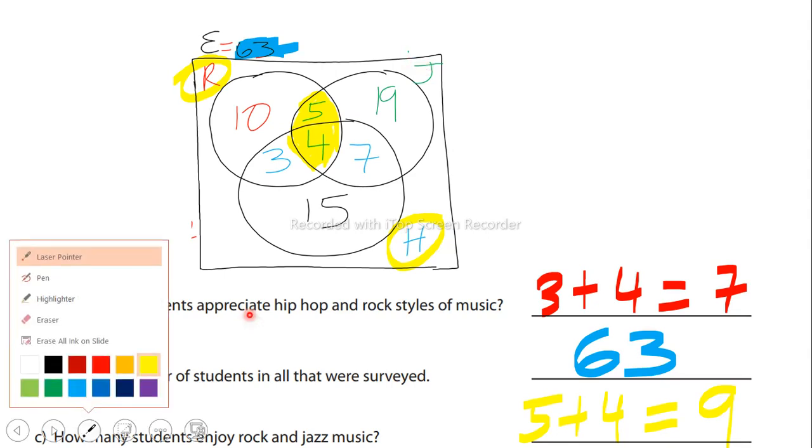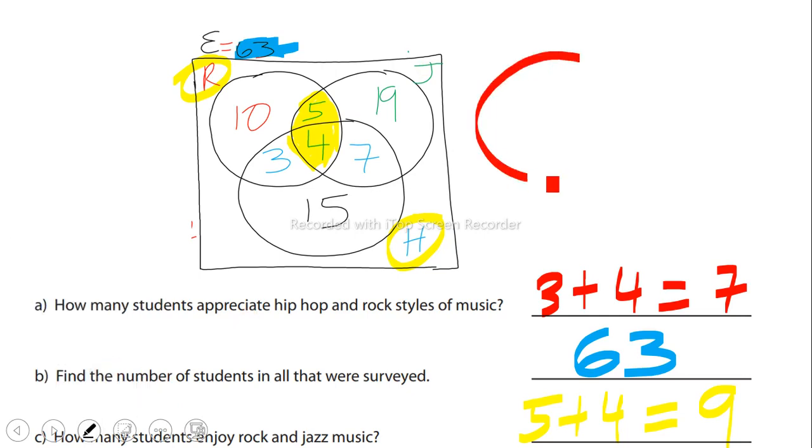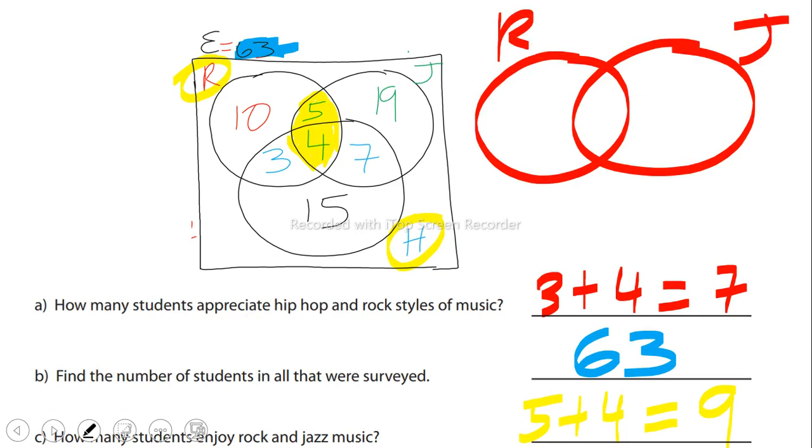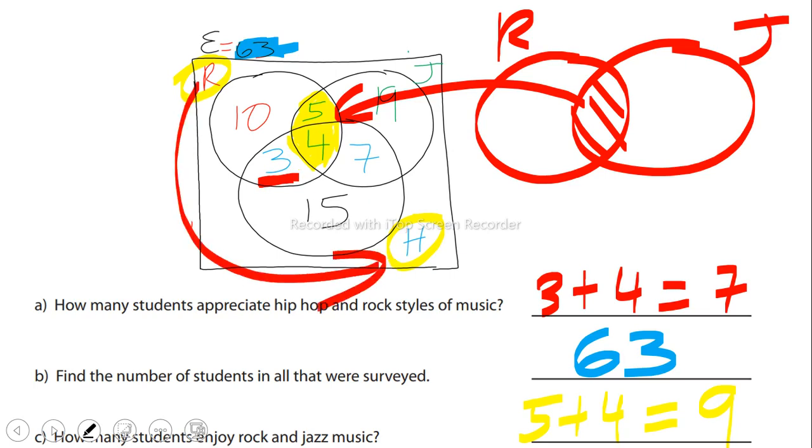Look at it. Rock and jazz. Where's the intersection? In the middle. So why wouldn't we do 7 and 3? 3 has nothing to do with jazz. 3 is just talking about rock and hip hop.